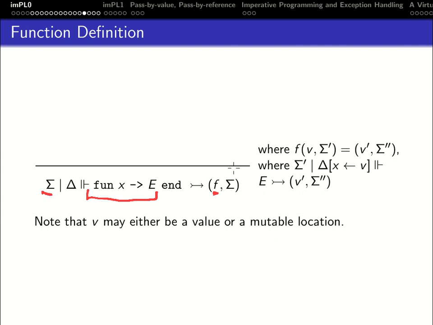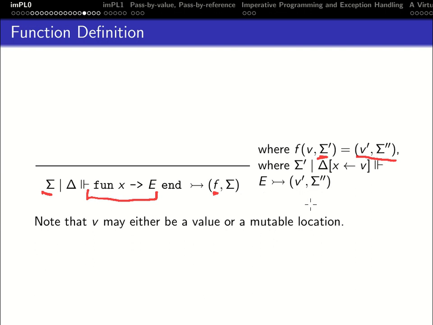So when we're going to execute it, let's assume that we have an assignment, or a store sigma prime, right? And it so happens that the denotation of f and v with sigma prime is this pair v prime sigma double prime, right? Let's assume that that happens.